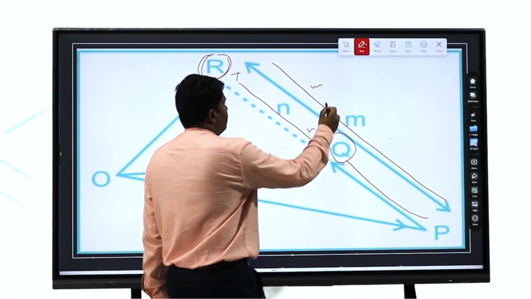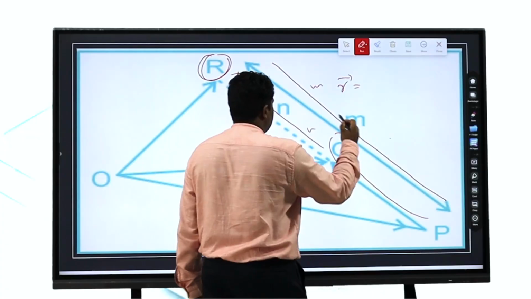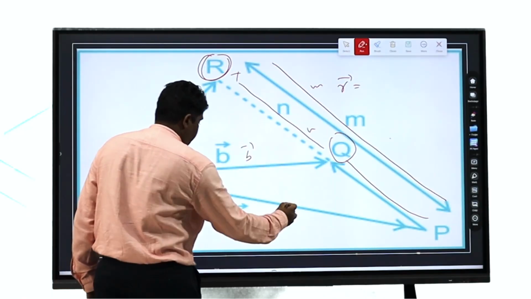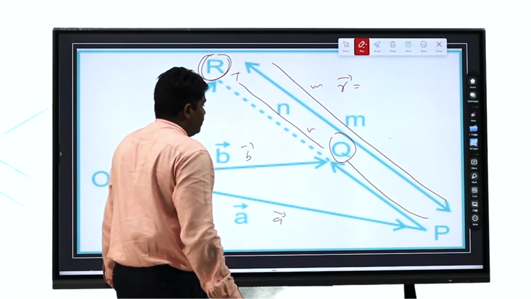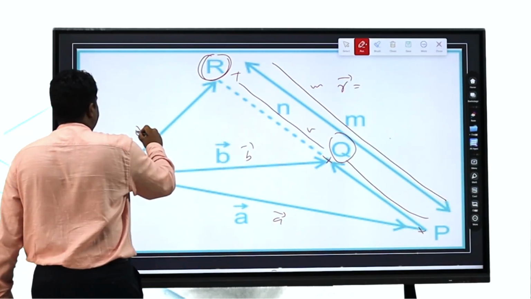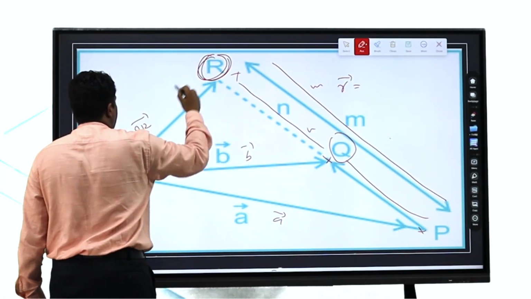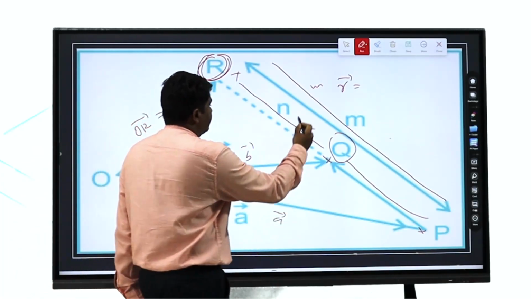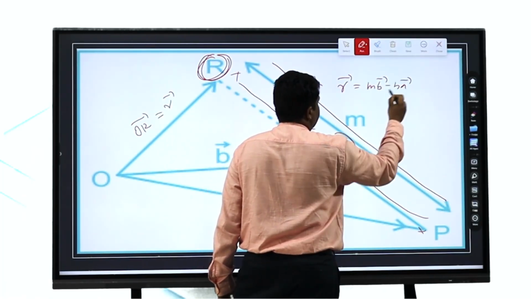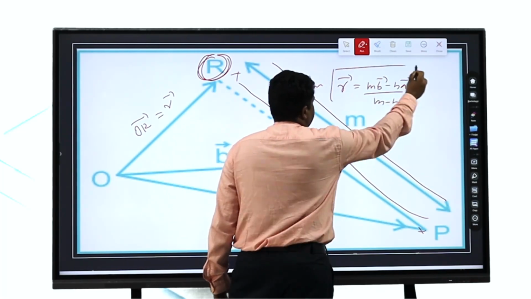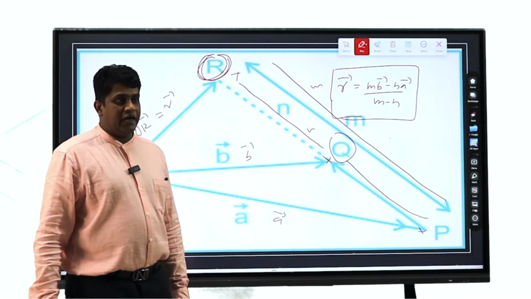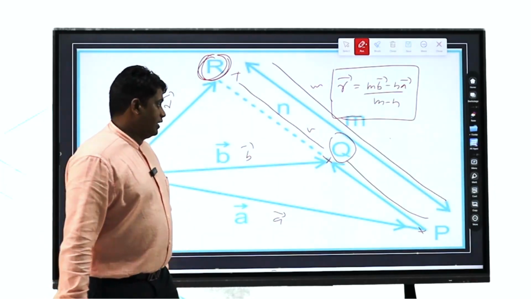The position vector of OQ is B vector and the position vector of OP is A vector, which locate the points P and Q respectively, and OR is the position vector of R, which locates the point R, equal to R vector. Then R vector is equal to M B vector minus N A vector divided by M minus N, if the point R divides PQ externally.